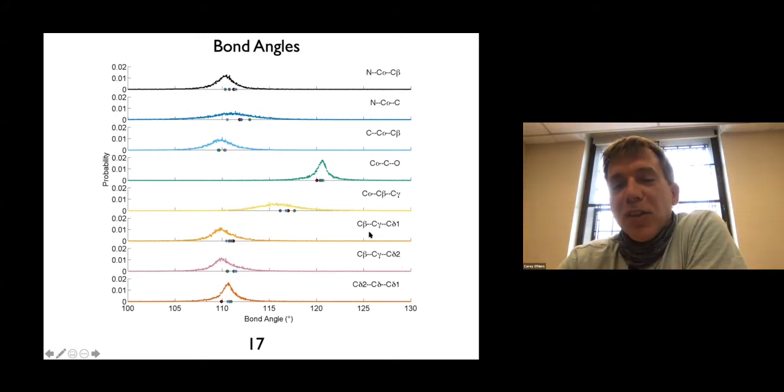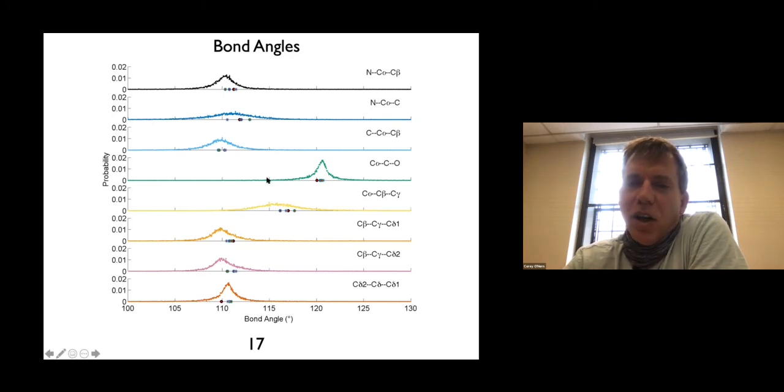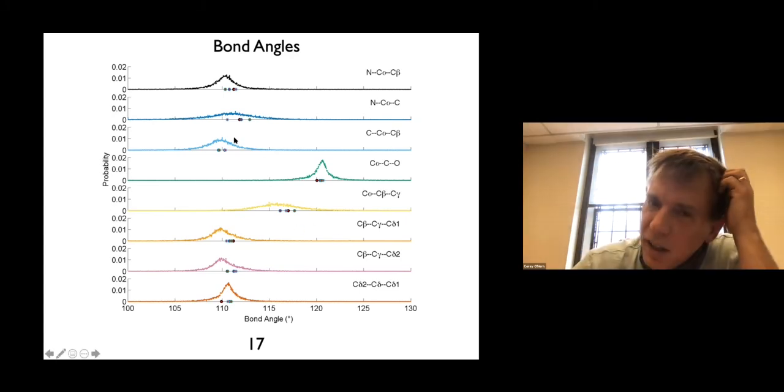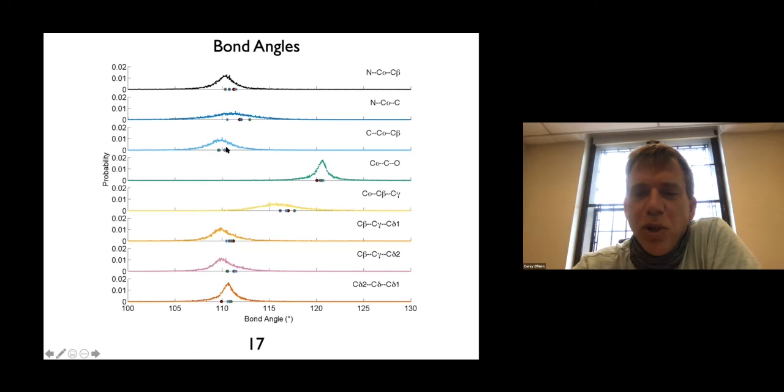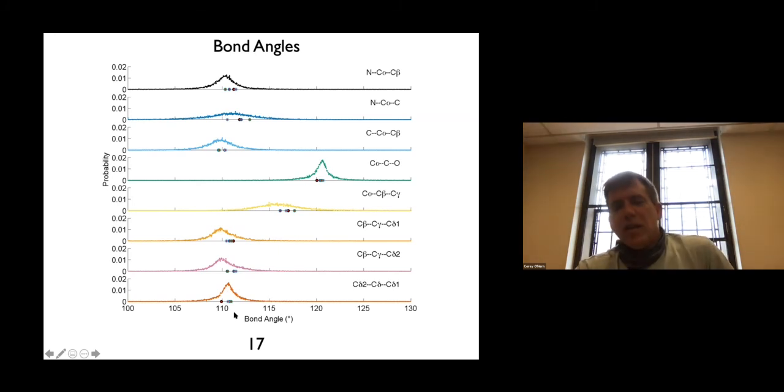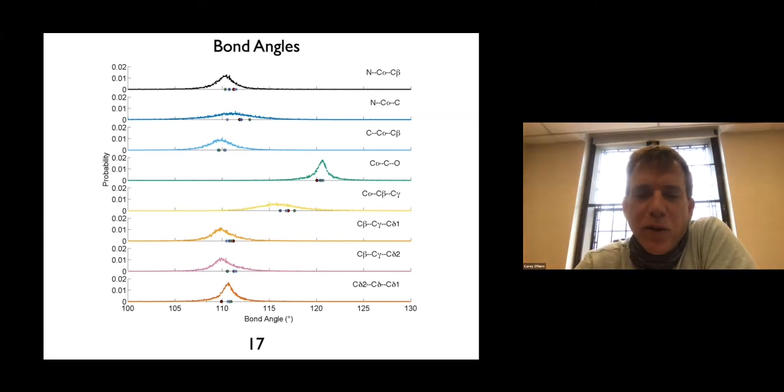There are two things I wanted you to get out of that slide: the nomenclature for the heavy atoms, and that the bond angle distributions are fairly narrow. For example, a lot of them are focused between 110 and 115 degrees, which is what you would expect for these covalently bonded carbons.